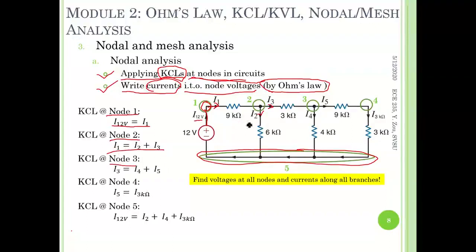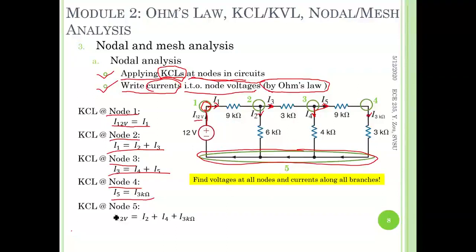At node 3, we have the entering current I3 itself equal to leaving currents I4 plus I5. At node 4, we have the entering current I5 equal to the leaving current I3K.